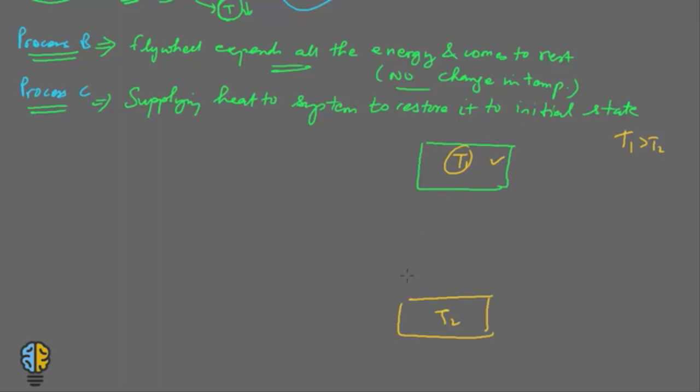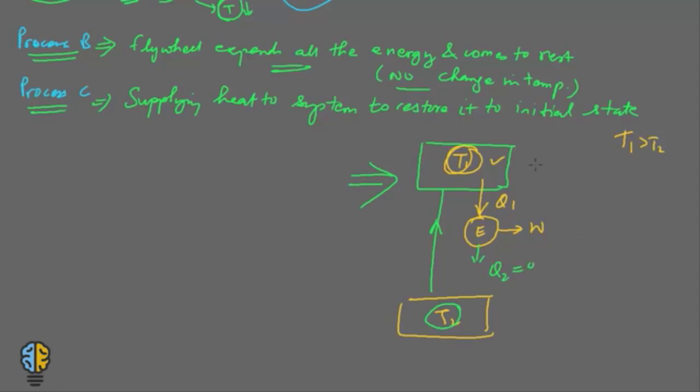Let us say this is the engine, or the device that will use up the heat that comes out of this system. So this is Q1 that comes out of it, and you get some work output. In this process there is a decrease in its temperature. To keep the temperature constant, we will supply heat from another source, let us say T2. If you look at this arrangement, there is no heat rejection.